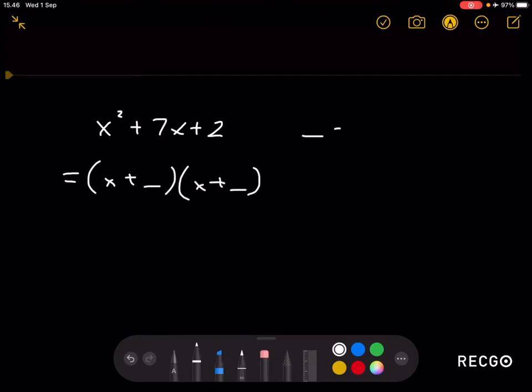By our previous criteria, these two numbers added together must give us 7, and multiplied together must give us 2. So we can do the trick mentioned in the previous example. I'm going to split 2 into factor pairs. We can have 1 times 2 or negative 1 times negative 2. And the truth is, none of these pairs of numbers result in 7 when added together. So we say that this quadratic expression is not factorable with rational coefficients.